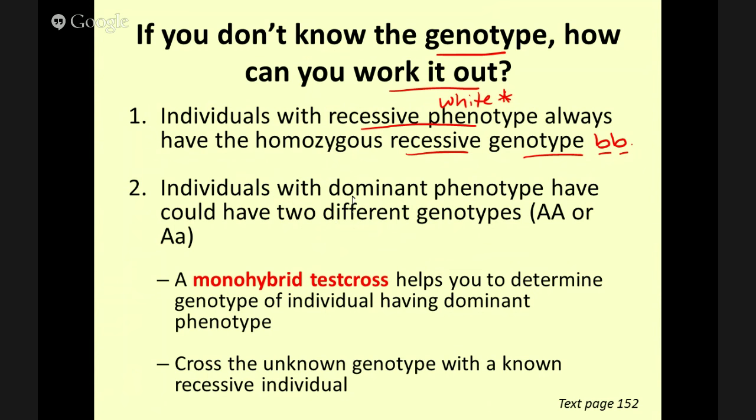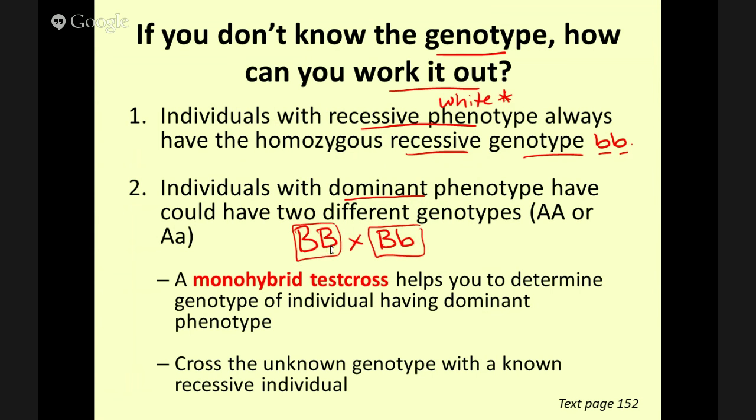Now, if you have a black rabbit, there are two possibilities for what the genotype is inside that particular rabbit. Because we know that big B, big B gives you a black rabbit, but also big B, little b would give you a rabbit with black fur. So if you have a rabbit that has black fur, it could be either this one or this one.